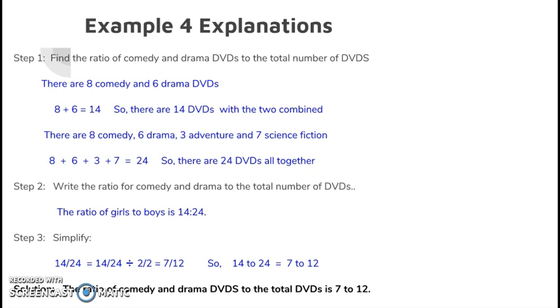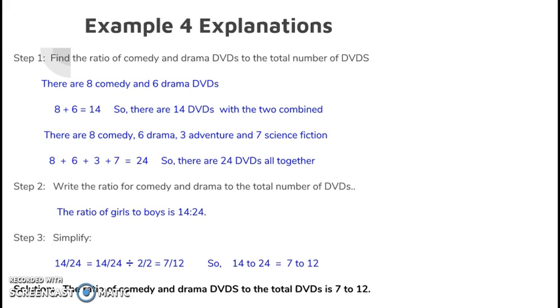You're going to write a ratio for the comedy and drama to the total number of DVDs. The ratio of comedy and drama to all DVDs is 14 to 24. So you're going to simplify that.